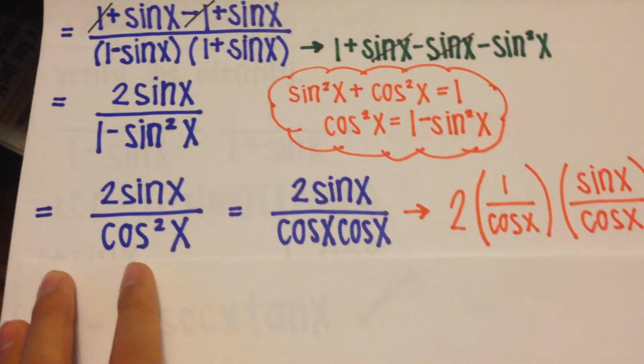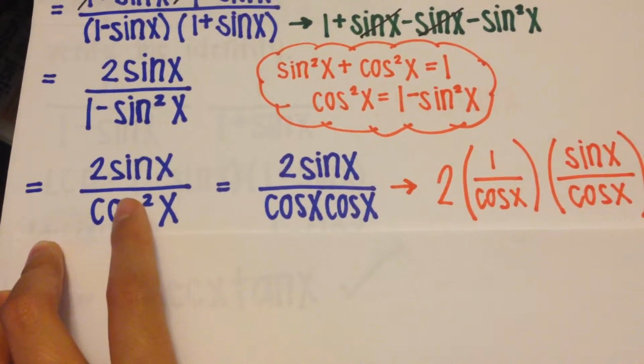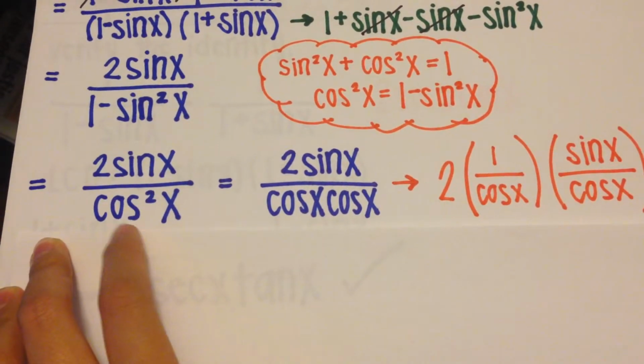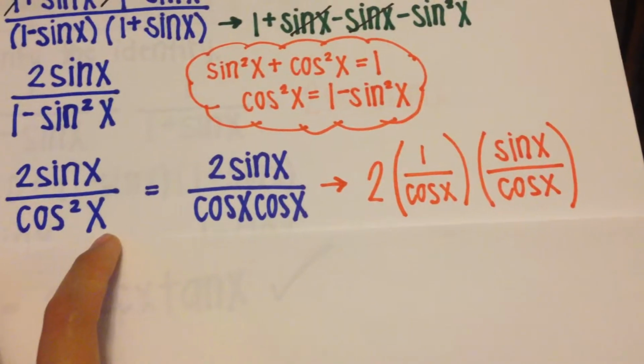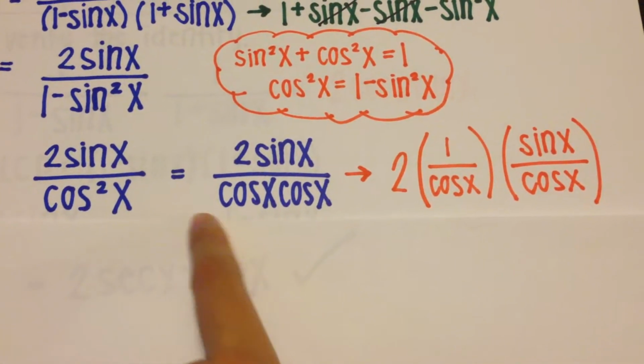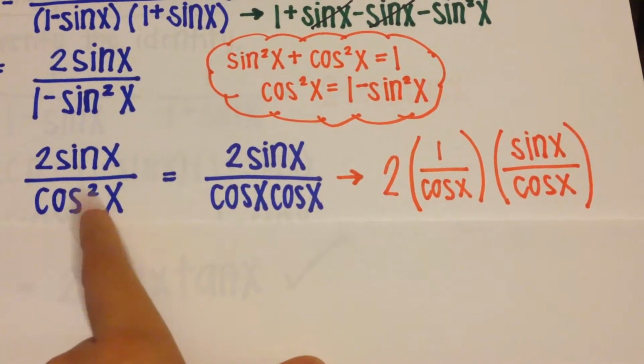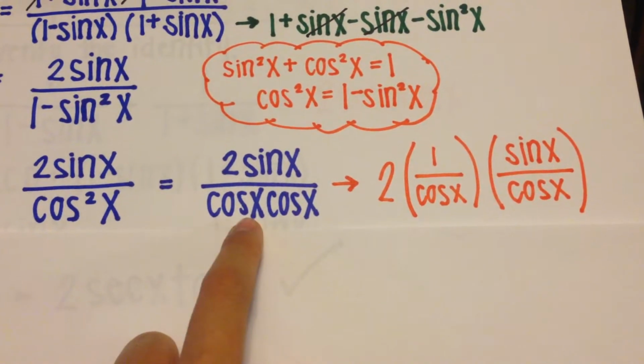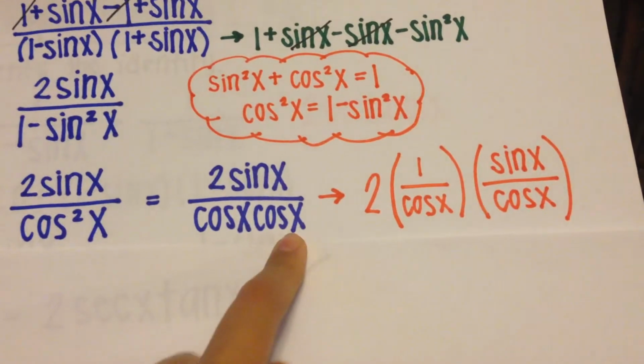So we can simplify that even further. 2 sine x is over cosine squared x, right? And then you can simplify this even further and say that it's cosine x times cosine x, right?